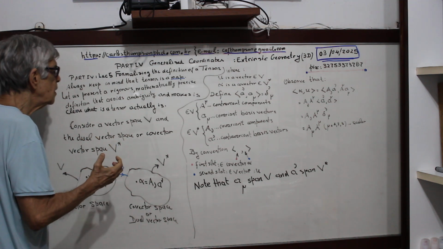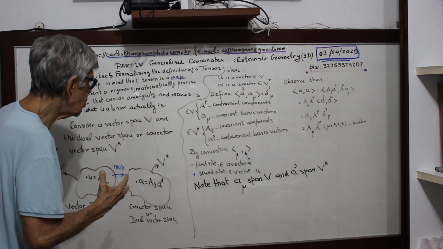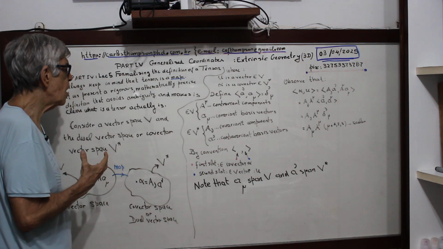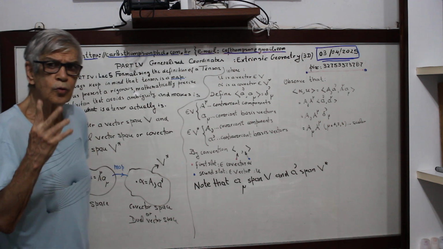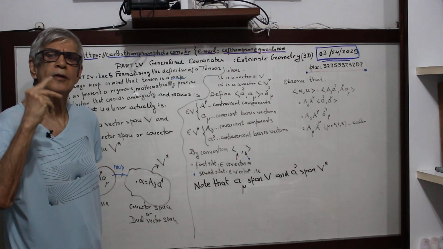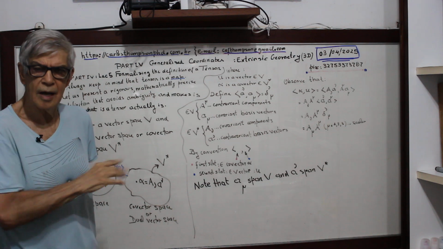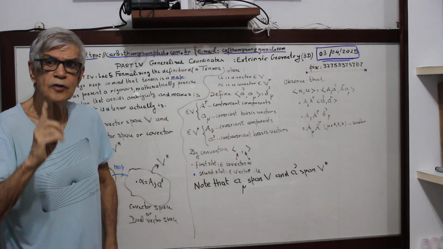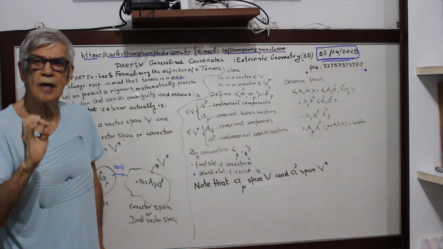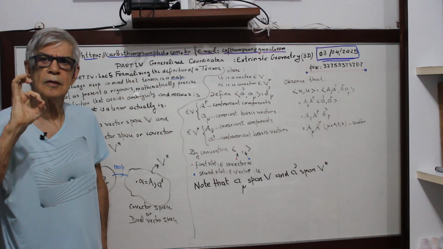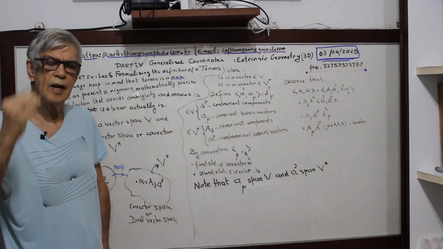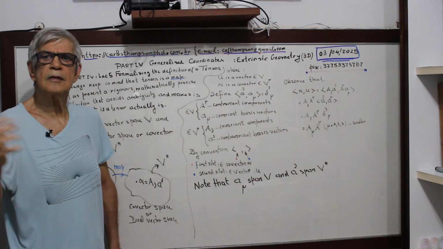Next lecture, we are going to present the order 2 tensor. Okay. Next week. This vector is first order tensor. Scalar is 0th order tensor. Next video, next lecture, the second order tensor.